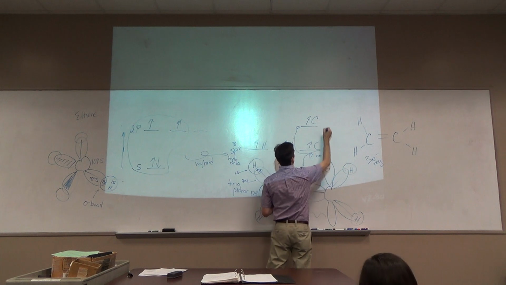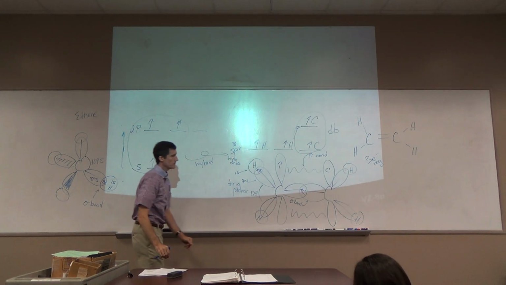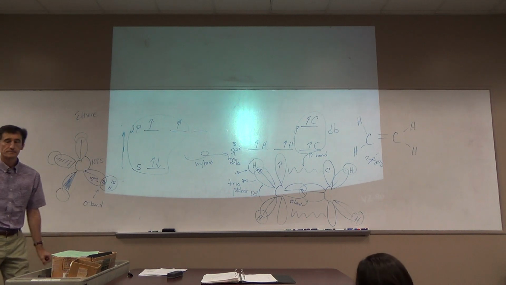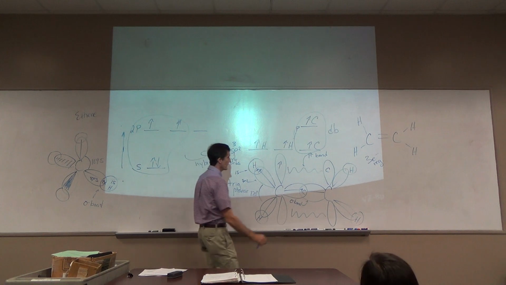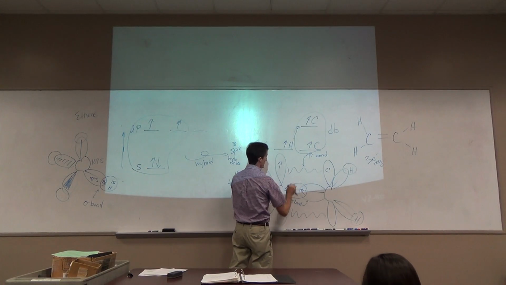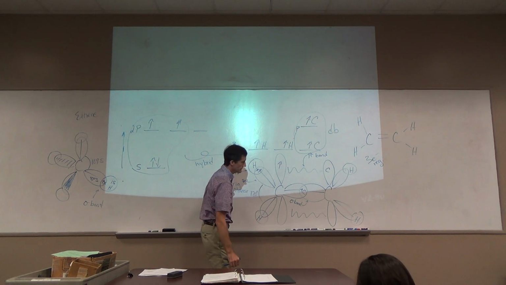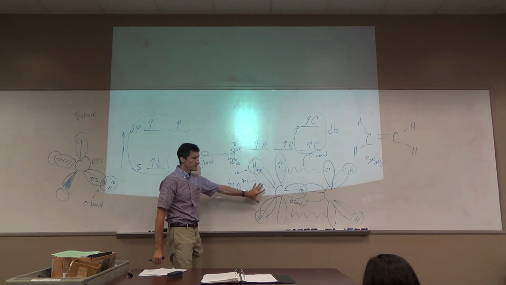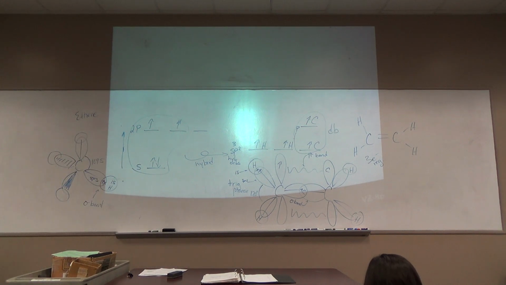And so right here is your carbon-carbon double bond, made up of a sigma and a pi. The p orbitals are interacting, and the rest are hybrids. Hybrids set your geometry. They're spread out in a trigonal planar with 120-degree bonding.